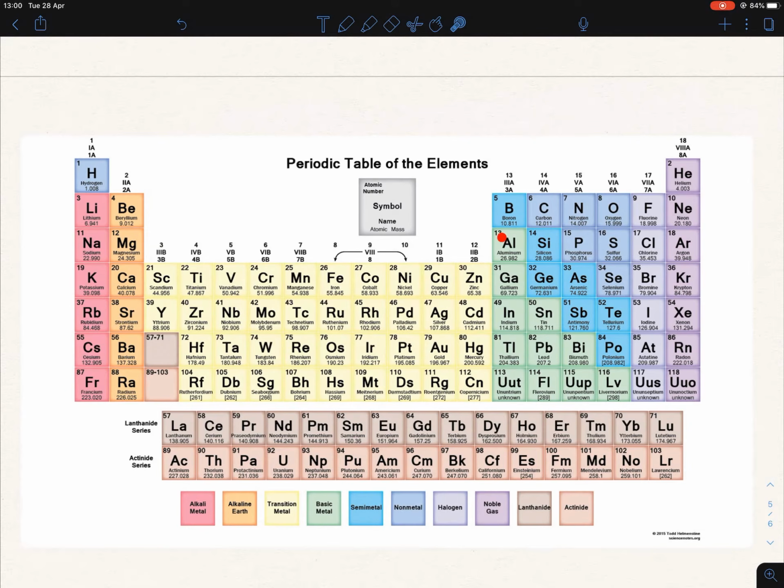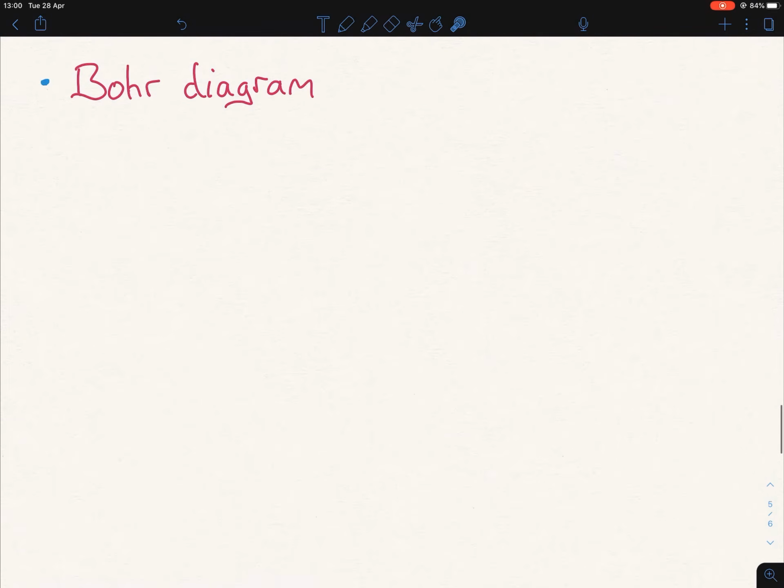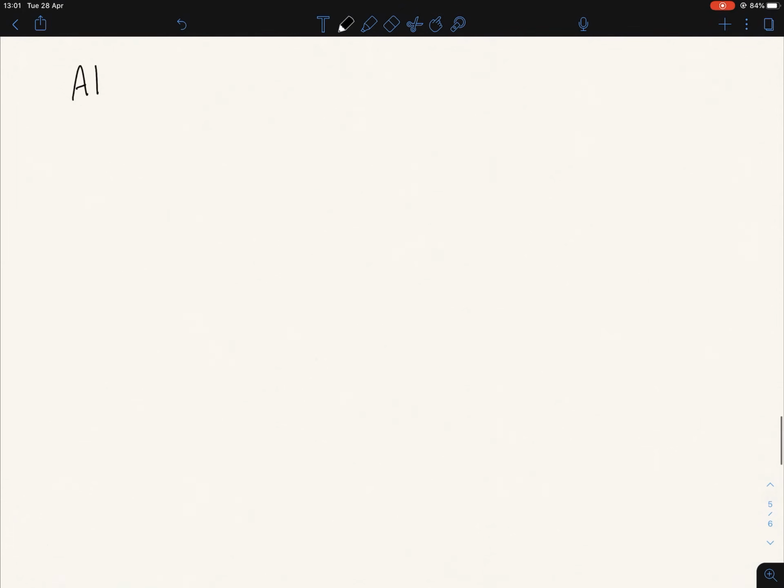So we have a 13, and it's Al, 13, and that's 26.9, so we'll call that 27. That's what it looked like on your exam papers anyhow. So Al, grand. Notice how it's capital A and lowercase l for the second one, it's always that way. And what did I say again? I completely forgot. 13 and 27.